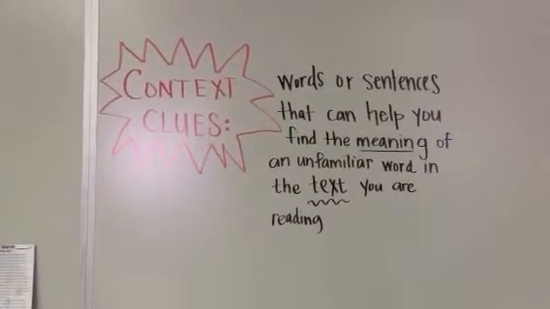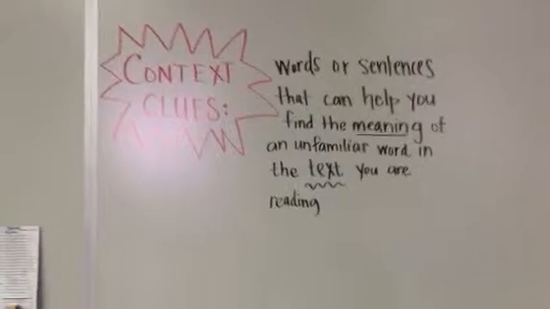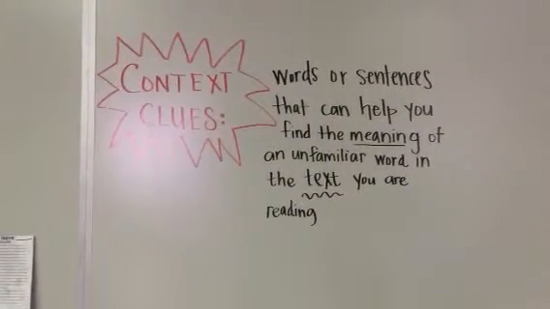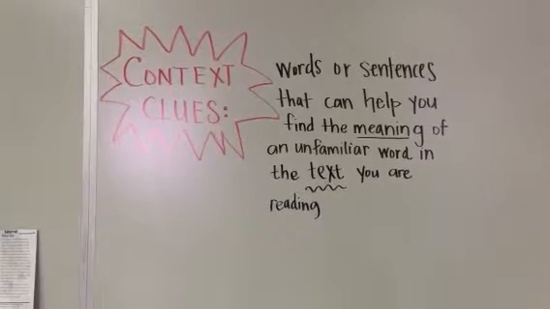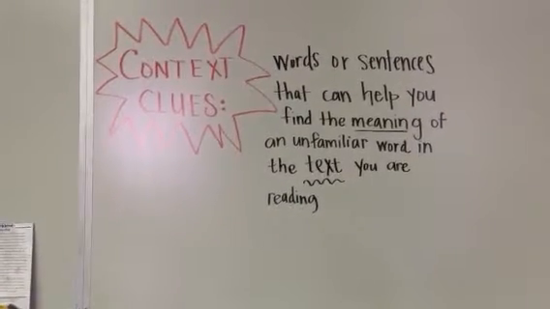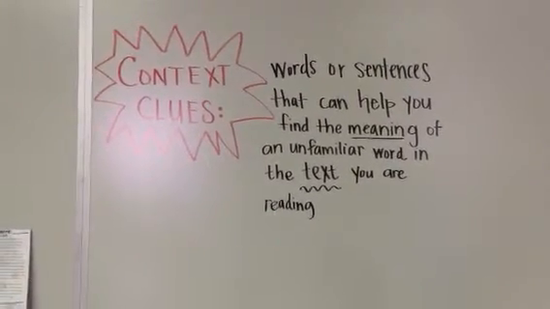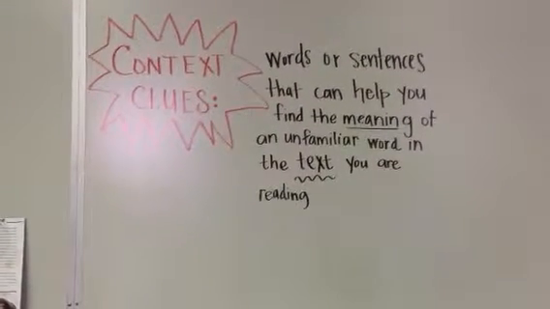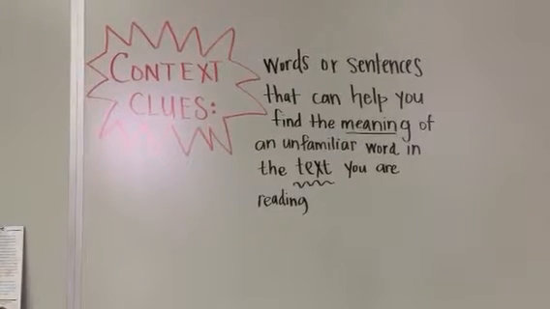Now, sometimes when we're reading a text, especially a nonfiction text, it really helps to use context clues. Context clues, as we talked about this morning, are just words or sentences that can help you find the meaning of an unfamiliar word in the text that you are reading.